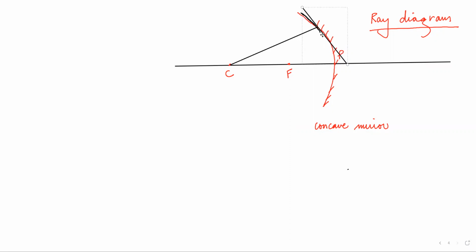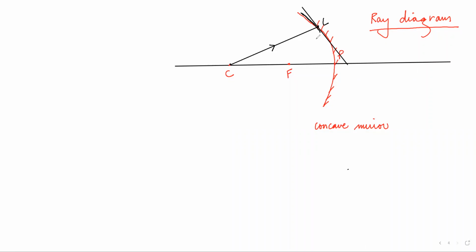Now, students, this angle will be 90 degrees, right? This is C, and let's say this point is L. CL will be like the radius, and this is the tangent. Suppose an incident ray is starting from point C. Then the incident ray is along the normal.